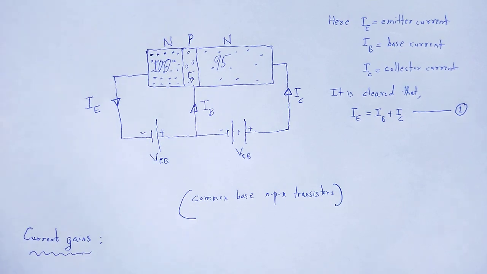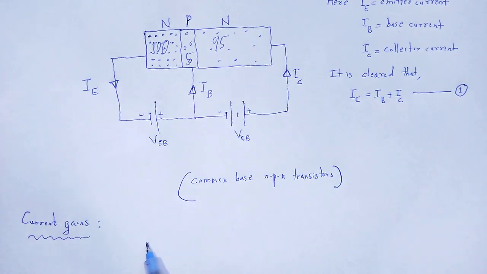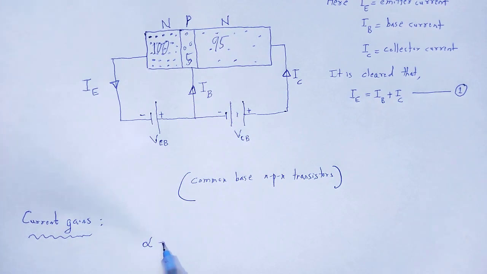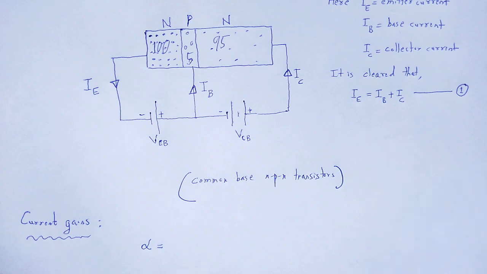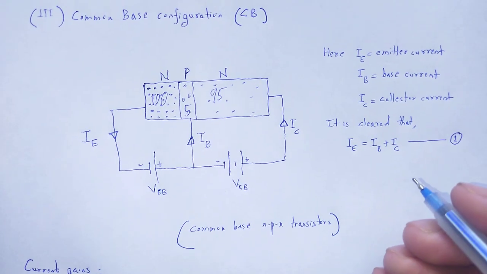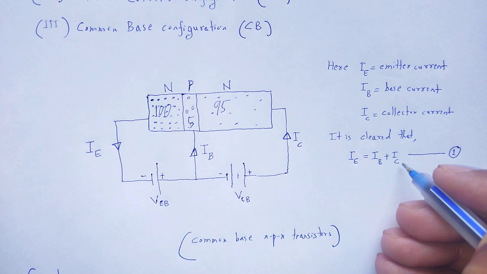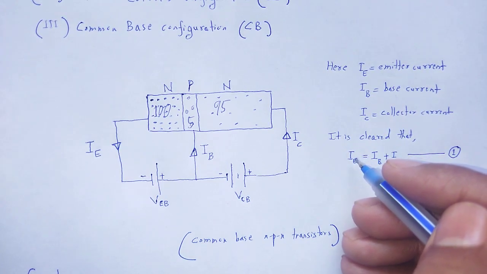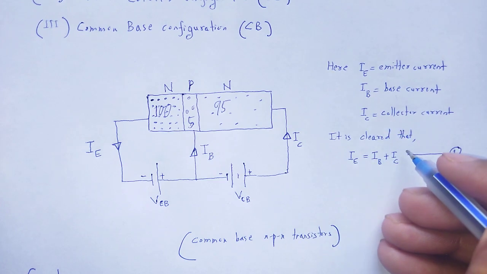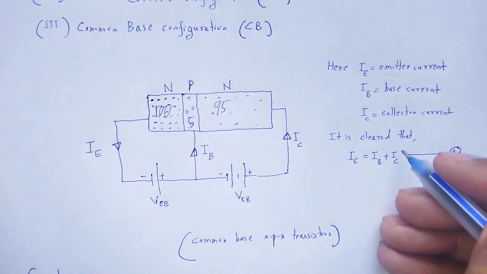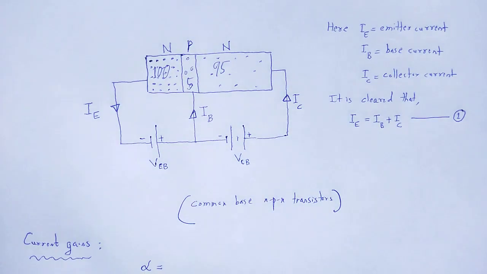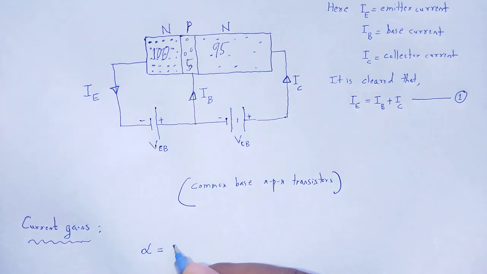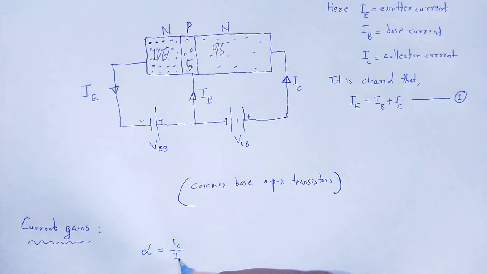We define alpha as the relation between collector current and emitter current, that is, what amount of the emitter current becomes collector current. On that basis, alpha is collector current to emitter current.